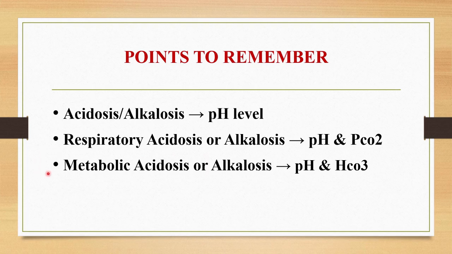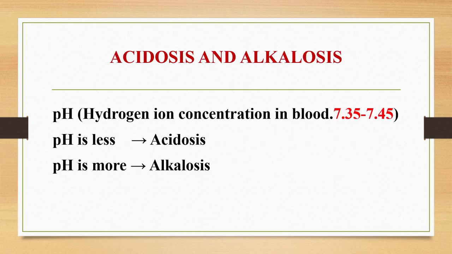In order to find out whether it is metabolic acidosis or metabolic alkalosis, you have to see the pH level as well as bicarbonate. Now you have a clear idea about an ABG and its normal values.